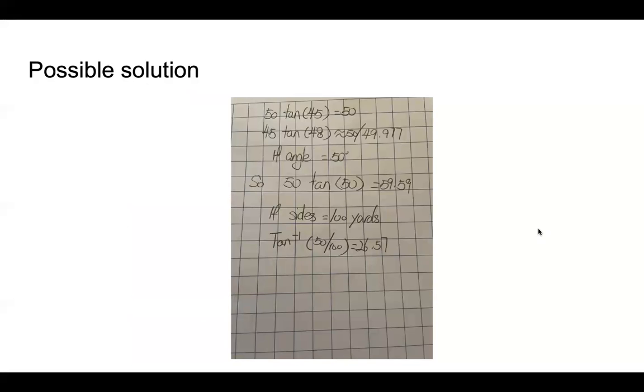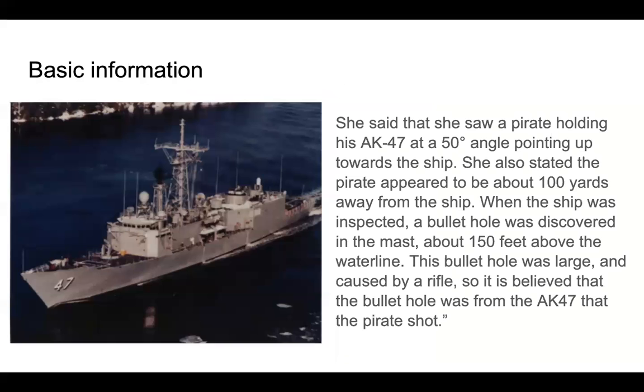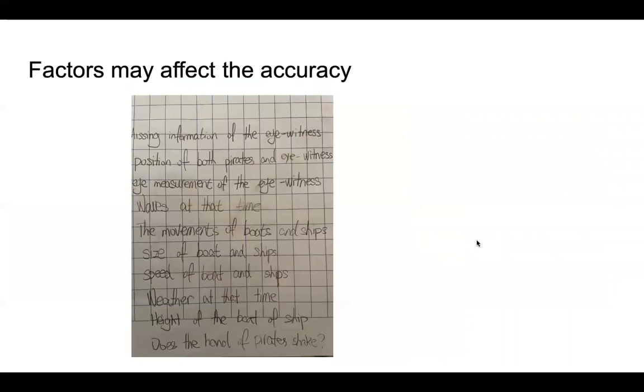And here are also the possible solutions that I found that could bring both angle and side to 50. Why do we need it to equal 50? Because I heard that when the ship was inspected, they actually measured the height of the bullet, so we can make sure that the 50 yards is accurate.